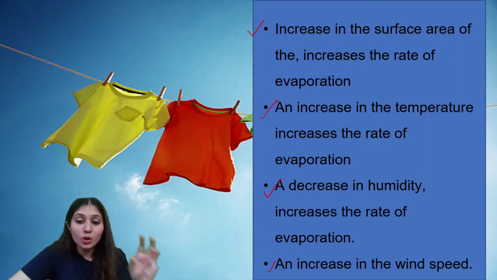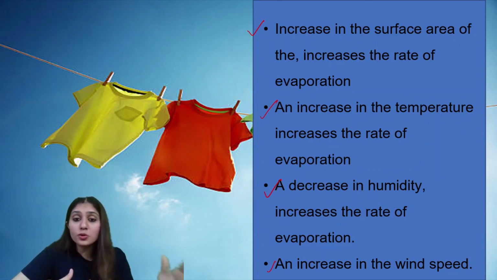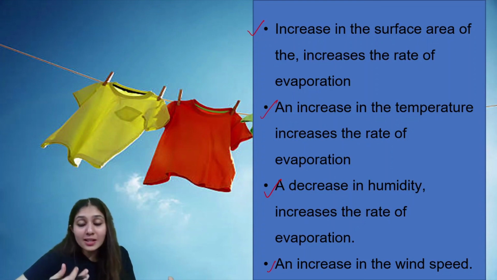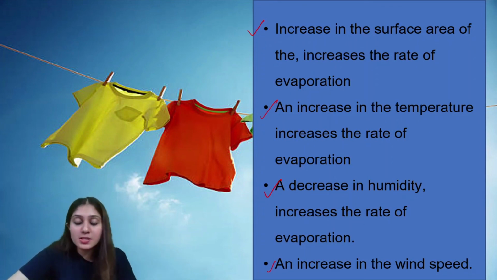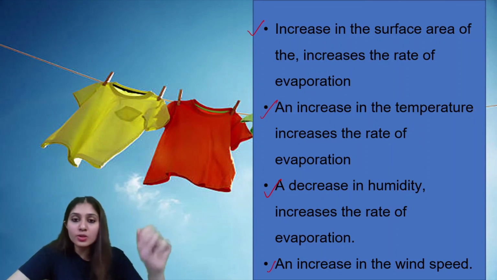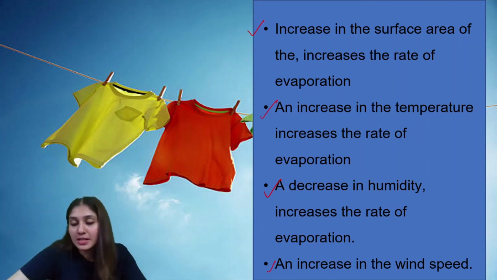In case of humidity, the water vapor present in the air was already surrounding your shirt, and that is why the water molecules inside your shirt were not able to come out. Okay, but that does not happen on a windy day. On a windy day, the water molecules present near the shirt will just swoop out, and your shirt will be easily able to dry up.